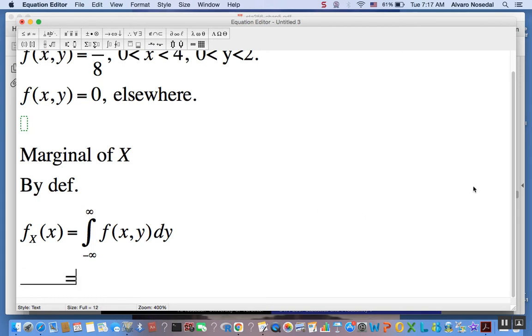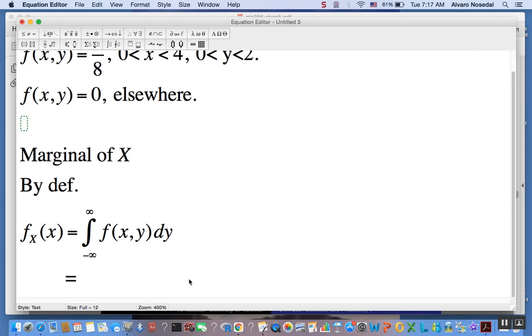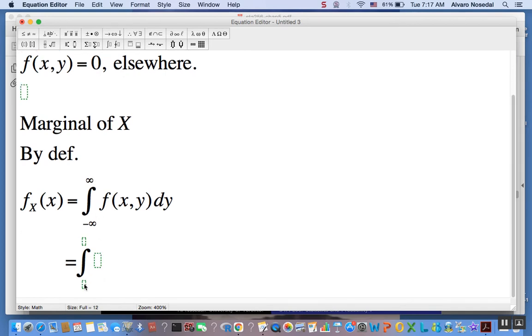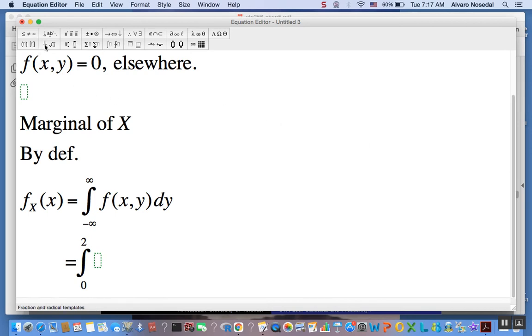In this case, note that y is restricted to be in the interval that goes from 0 to 2. So we have the integral from 0 to 2 of our PDF. Our PDF is something really nice. It's just a constant, 1/8 in this case, with respect to y.